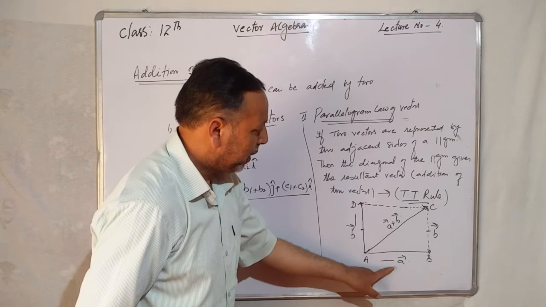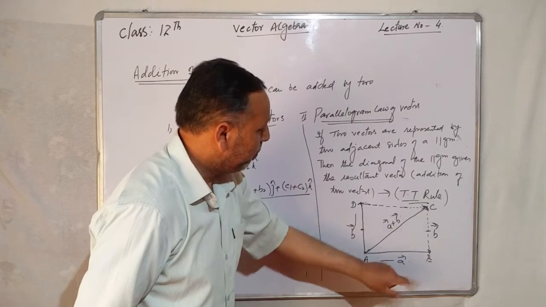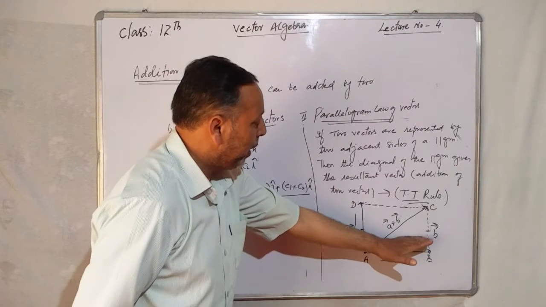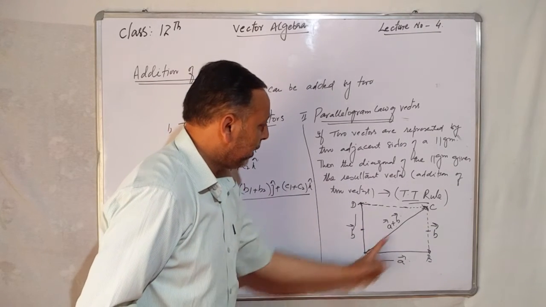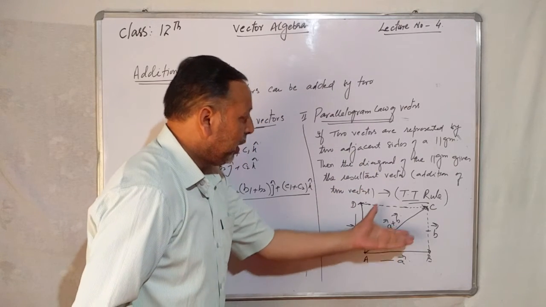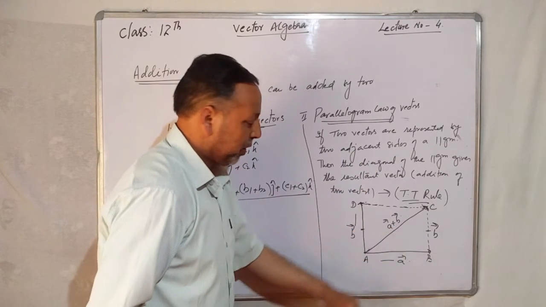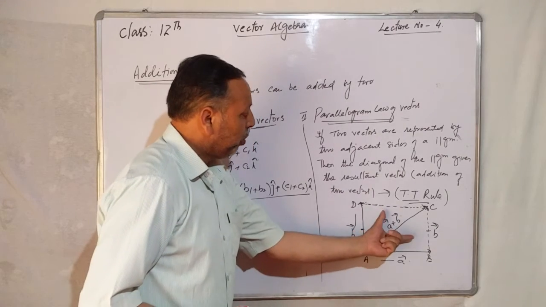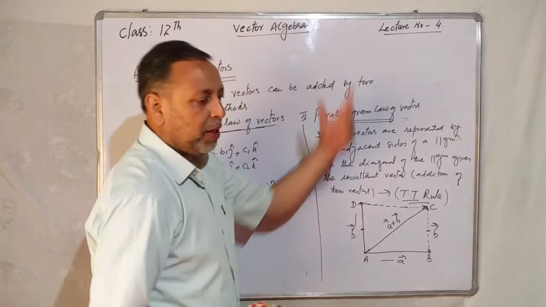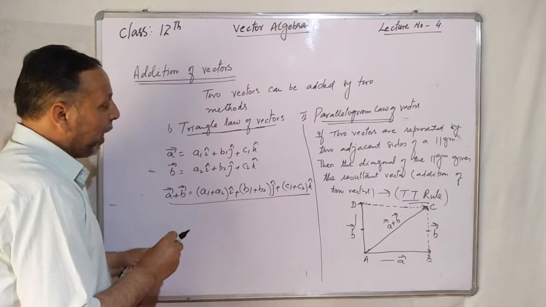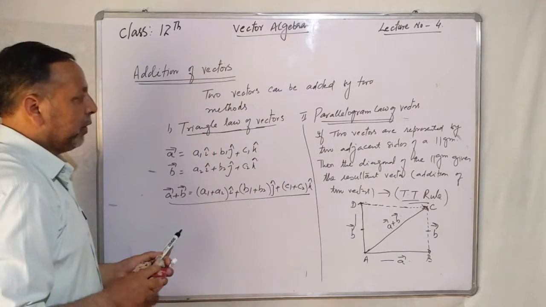AB is vector A, BC is vector B. Here head and tail coincide. That means here we can apply triangle law of vectors. Then the third side represents vector A plus vector B. तो यहाँ इसी triangle को भी triangle law of vectors लगा सकते हैं, तो दोनों triangles मिलाकर parallelogram law of vectors represent करते हैं. This is how we add two vectors.